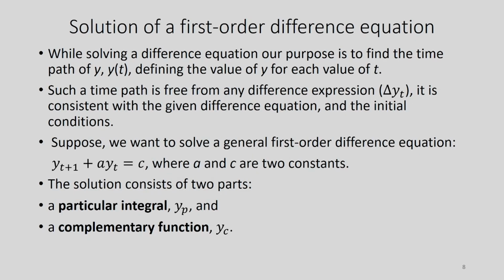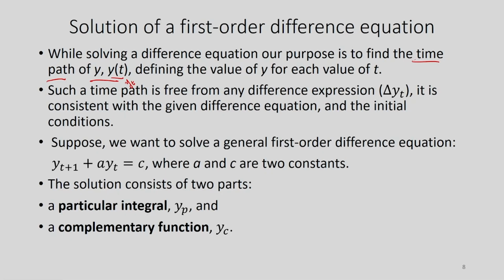Okay, here is the general method, solution of a first order difference equation. While solving a difference equation, our purpose is to find the time path of y. So, this is a new term I am using, time path, and this is denoted by y t, and we have seen that y t is also written as y subscript t.